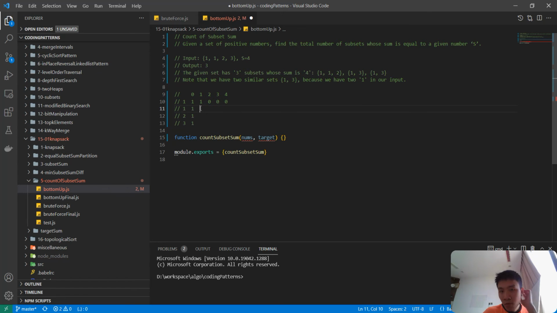So for each cell we have two choices. The first choice would be to select the number at the current row, which is 1. And the second choice would be to skip the number at the current row.